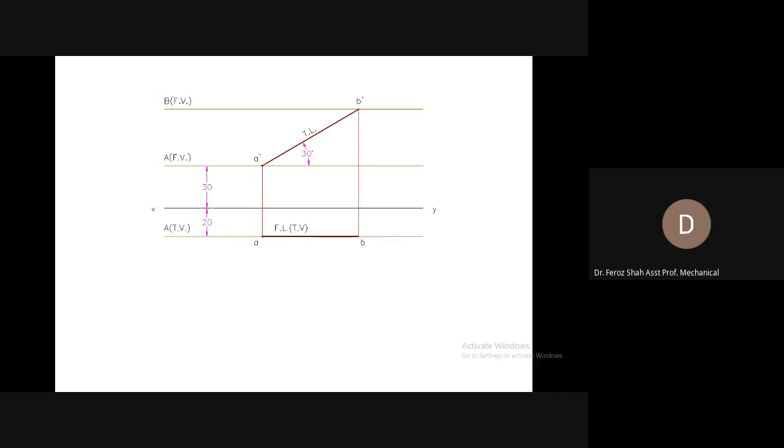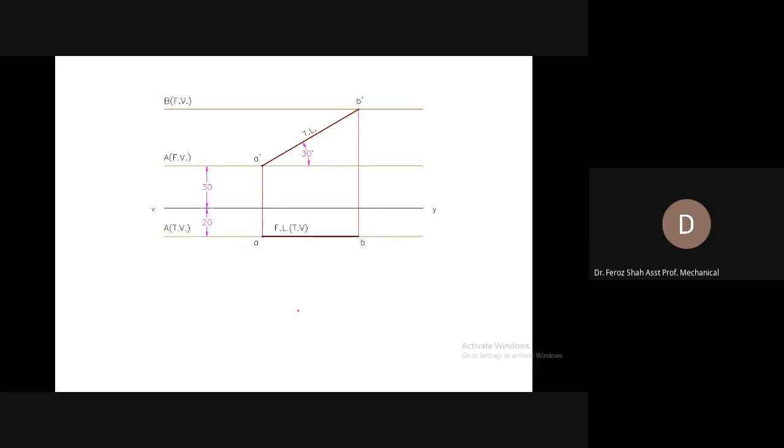In the first step you will assume the line to be inclined to one of the planes only, that is the horizontal plane, and parallel to the vertical plane. This was the first step. Now you have assumed the line to be inclined to the horizontal plane only, and for that you have drawn its front view as was the first step in the previous.